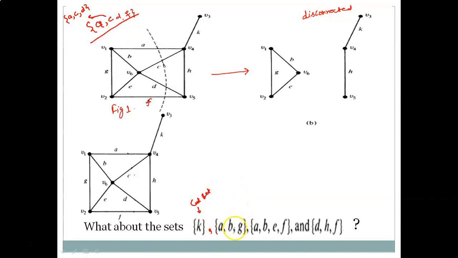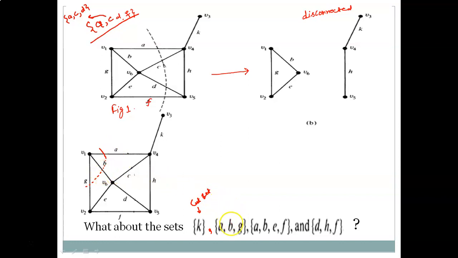Now we consider A, B, G. If I am removing the edges A, B and G, that means the situation is like this. Then definitely this vertex V1 will remain isolated and the graph will become disconnected. So this also forms a cut set. Now consider any proper subset of this. You consider AB. If I remove AB, then still the graph is not disconnected.